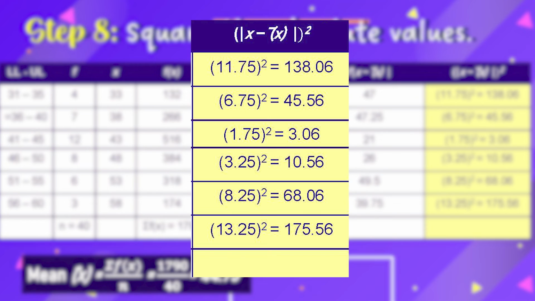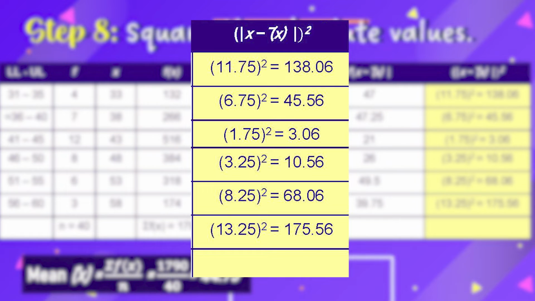Now, we have 11.75 squared gives 138.06. Next, we have 6.75 squared gives 45.56. Next, we have 1.75 squared gives 3.06.